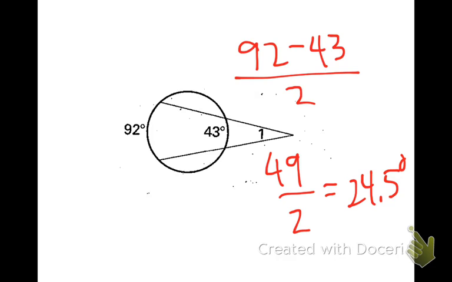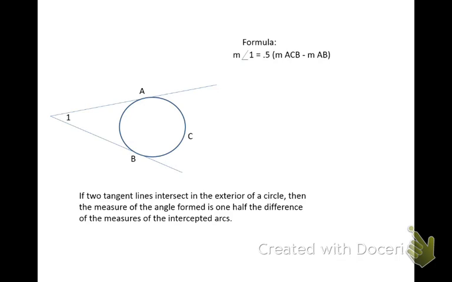All right, any questions on that? Okay, looks like we have some examples now. Oh, okay, there's one more situation here. Now we've got two tangents. Still the same idea. And one is outside the circle, so we're going to subtract. Now we've got inside the mouth of this angle, this arc intercepted and this arc, right?